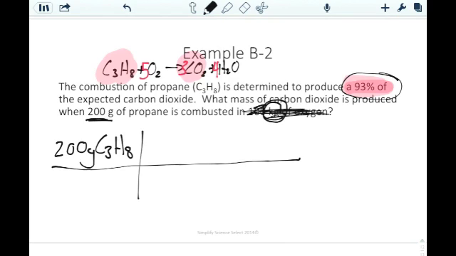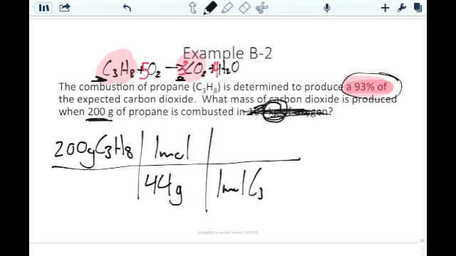We need the molar mass of propane, which is right around 44 grams for 1 mole. And we look at the mole ratio between these two. It's 1 to 3. So 1 mole of C3H8 equals 3 moles of CO2.